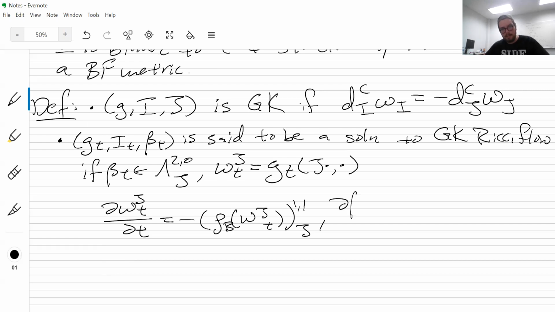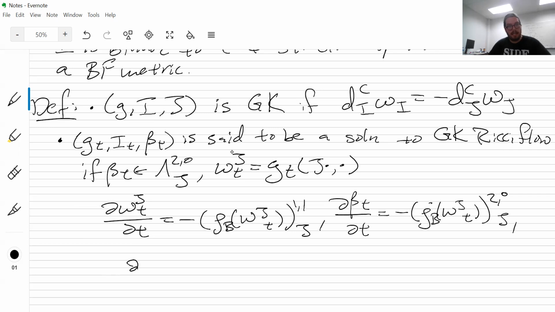And β is going to flow by the J (2,0) part, and I, the complex structure, right? I is a complex structure which flows by a Lie derivative term.